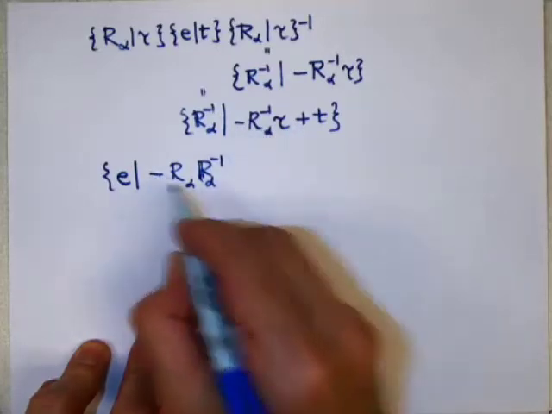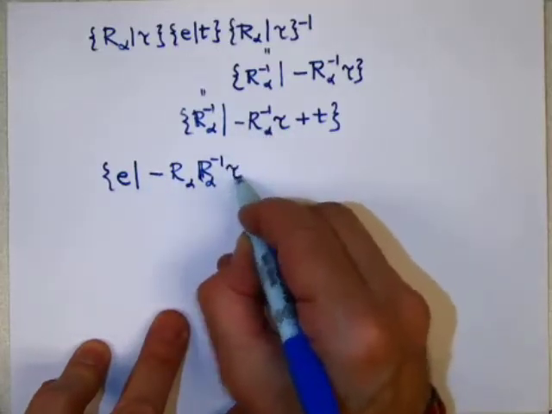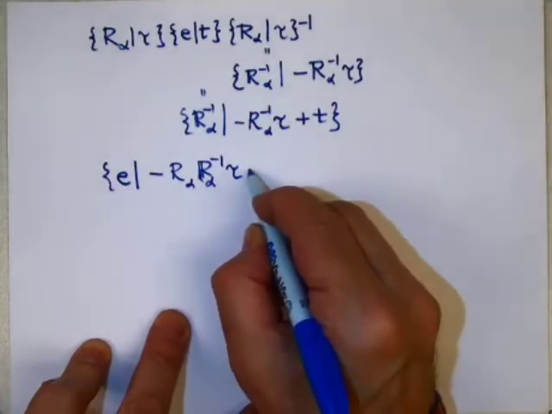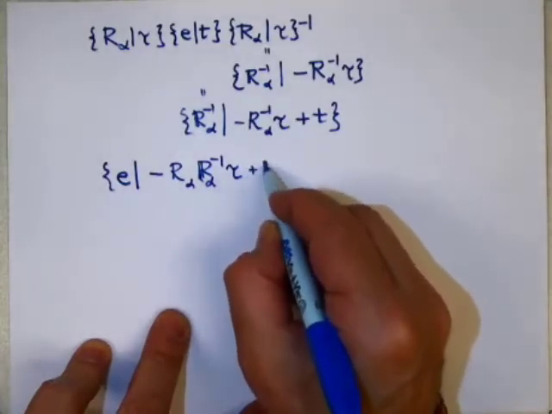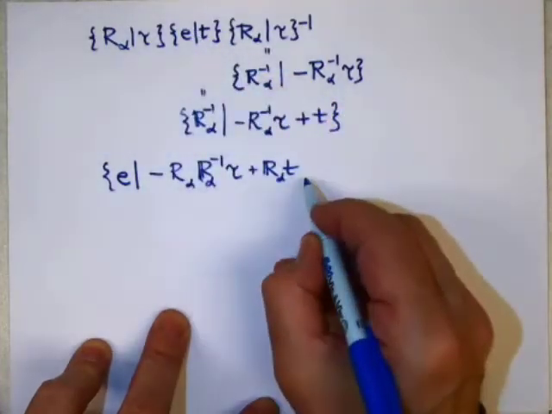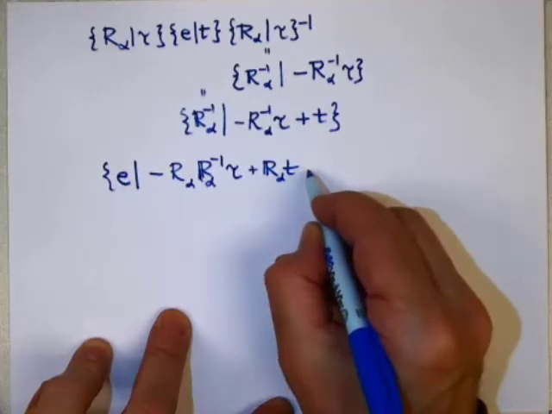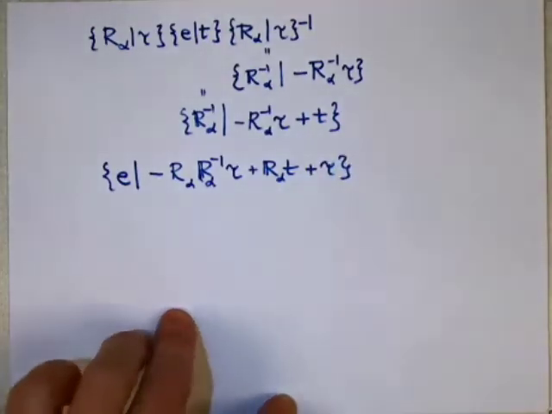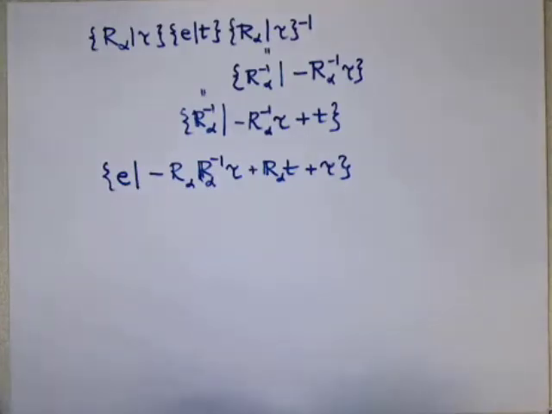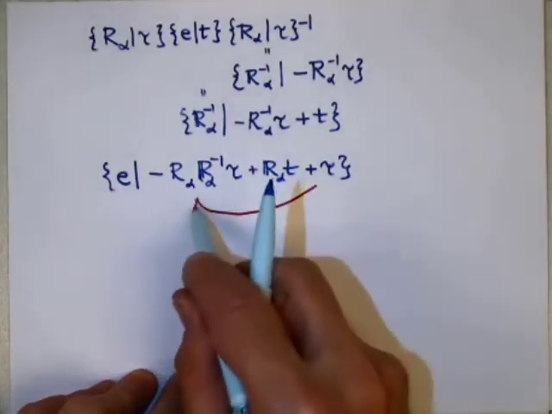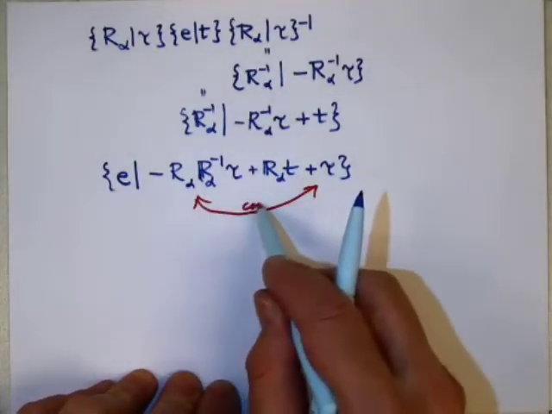And now I have to do rotation on the inverse rotation, acting on tau. Plus rotation on this element we are looking at, that's tau. So you notice the first guy and the third guy cancel.